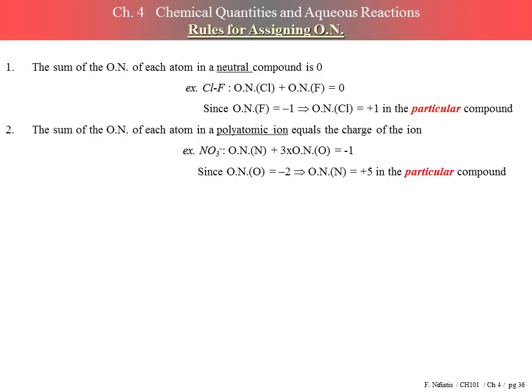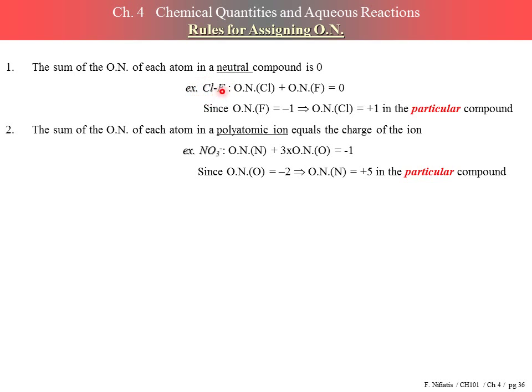The sum of oxidation numbers of each atom in a neutral molecule or in a polyatomic ion is always equal to the charge. Let me give you an example. Here we have a compound that consists of chlorine and fluorine. So the oxidation number of chlorine, no matter what that is, plus the oxidation number of fluorine is going to be equal to the charge.